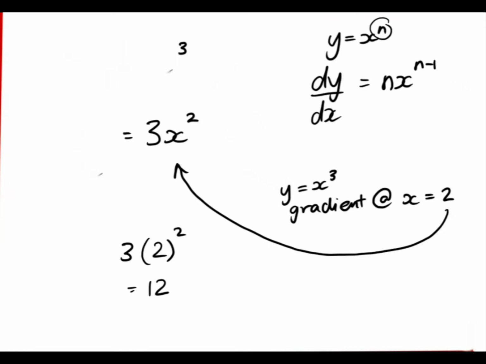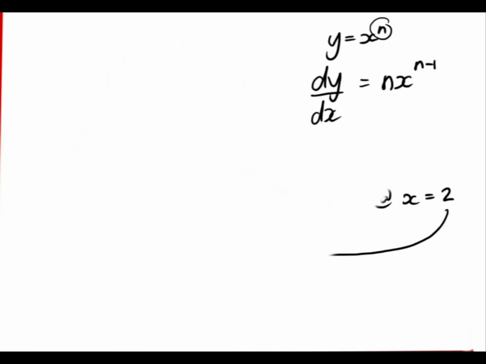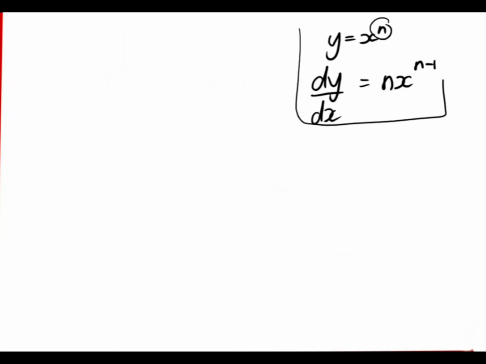Great. Before we do a couple more examples, I'm just going to list some other rules that you need to keep in mind for differentiation, which can help you. Although this is the main one, these are all the functions, and this is how to differentiate each function.